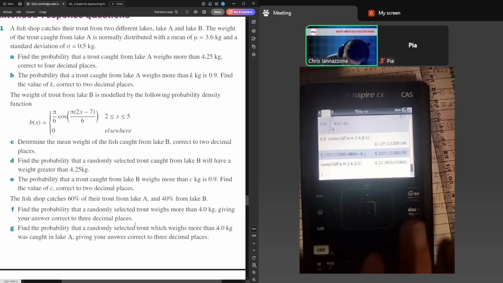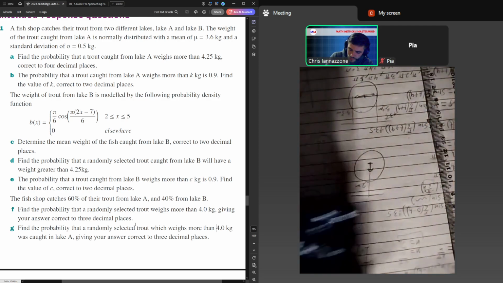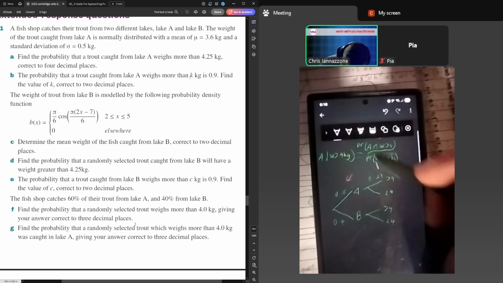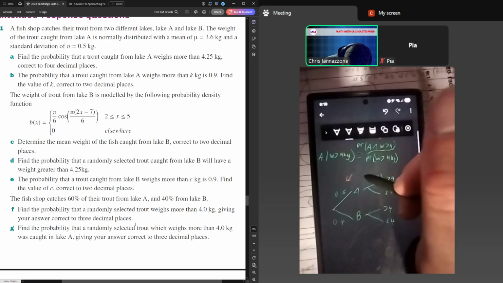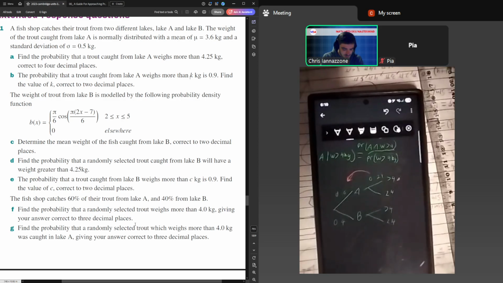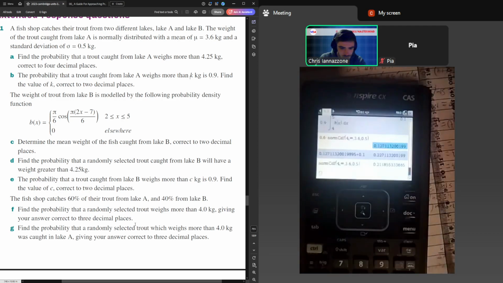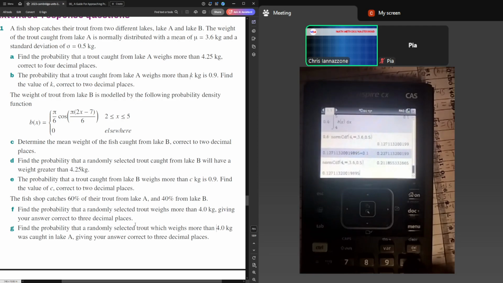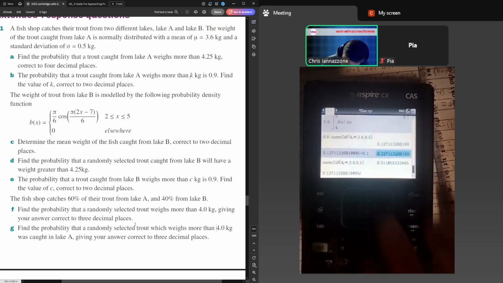It's going to get you 0.211, which you'll put here, 0.211. But to find the intersection at the end, you're just going to multiply it by 0.6 anyway. So I guess we actually had both. We did have our intersection when we did calculate it the first time, which was this number. And then what we said earlier was we had our denominator, which was just greater than 4 kilo, which was this thing.